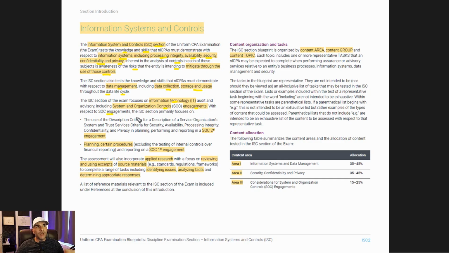With respect to SOC engagement, the ISC section primarily focuses on SOC 2 engagements, planning and certain procedures, SOC 1 engagements, and these assessments will also incorporate applied research with a focus on reviewing and using excerpts of source materials such as standards, regulations, and frameworks in order to complete a range of tasks, including identifying issues, analyzing facts, and determining appropriate responses.